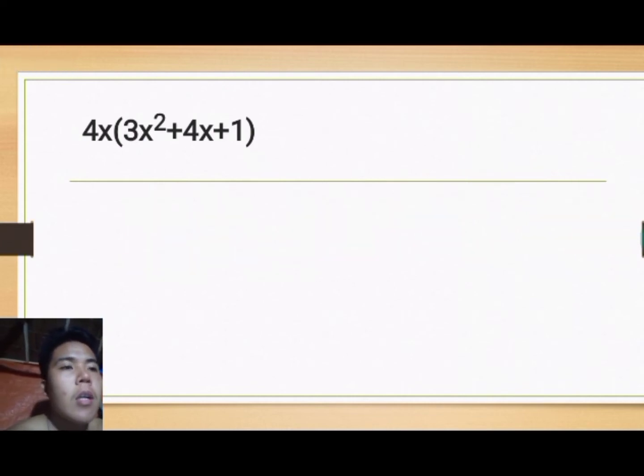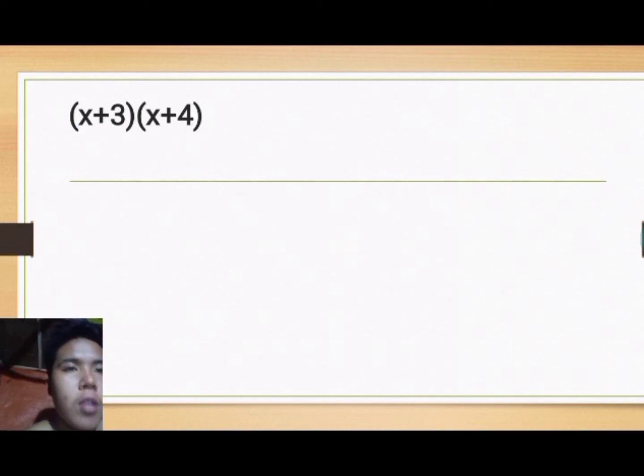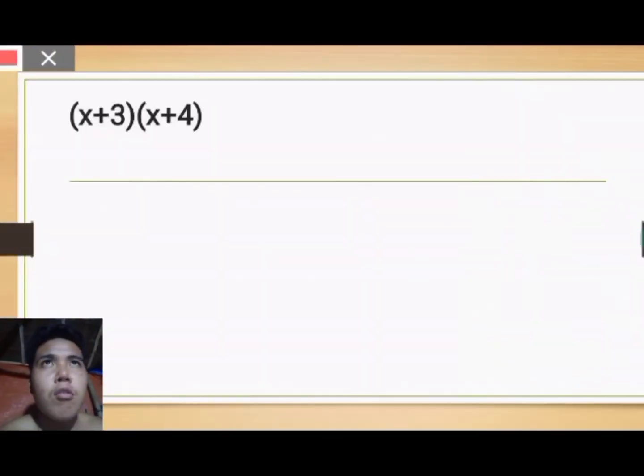Next, for example, you're going to multiply (x plus 3) by (x plus 4). Some say that you use the FOIL method, but for me it's just like a FOIL method.